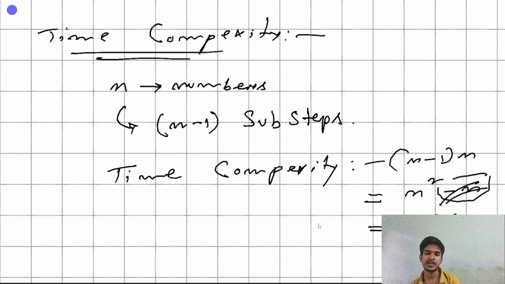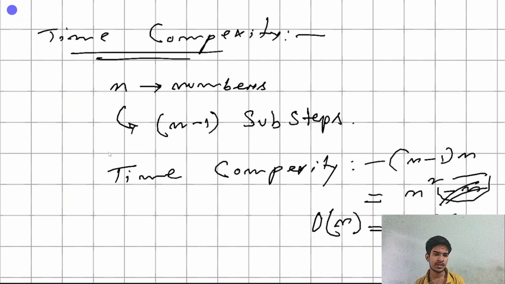So the time complexity of the bubble sort algorithm is n square. Okay, and space complexity: because we didn't use any extra space, any auxiliary space, it should be constant.